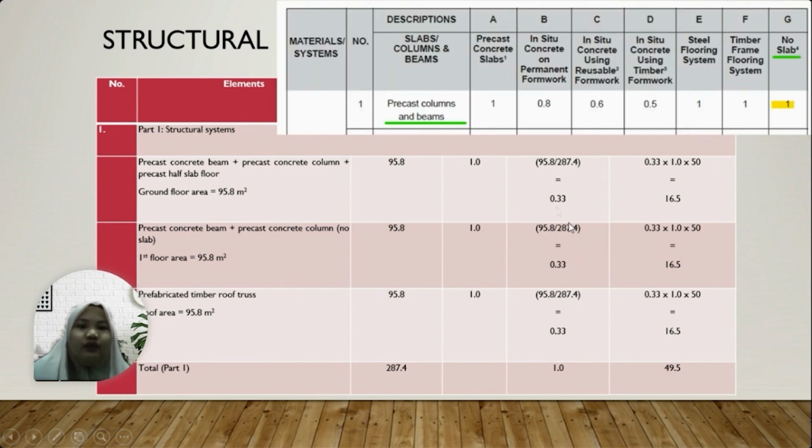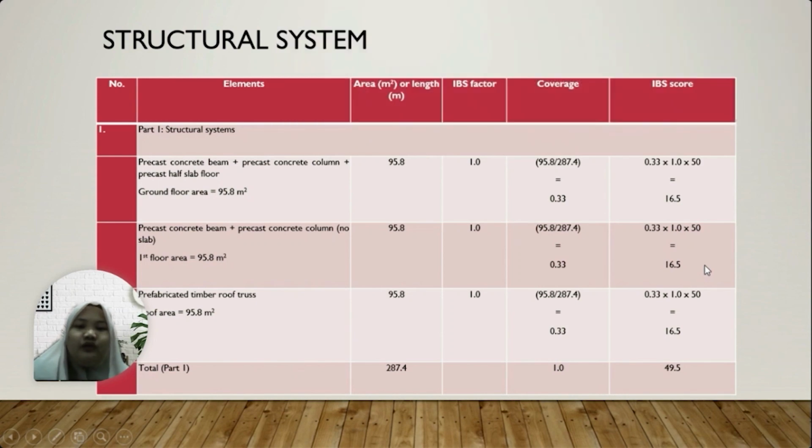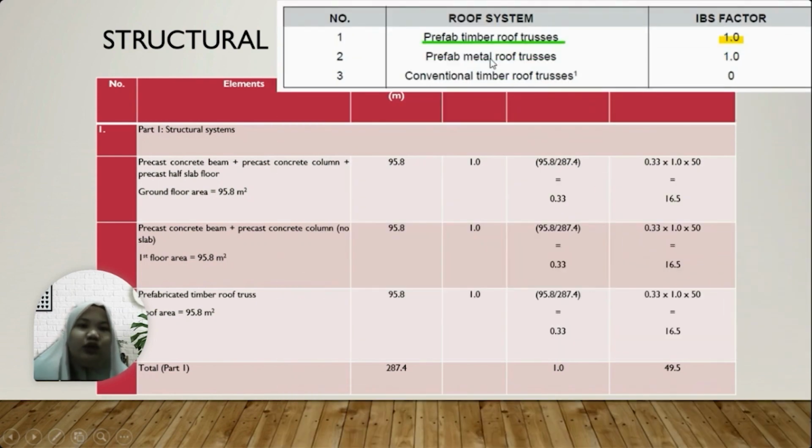For the factor, we use precast column and beams and no slab, so we also get 1 for the factor. So 0.33 times 1 times 50 for the weightage, and we also get 16.5. For the roof truss, since we use prefabricated timber roof truss, the IBS factor is 1.